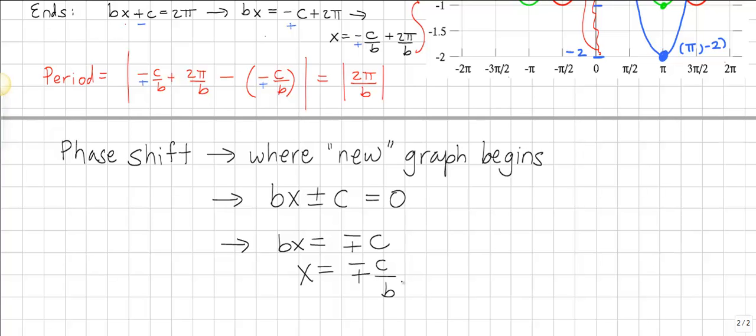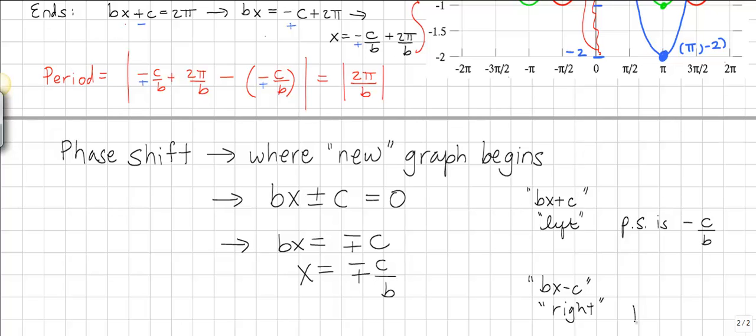Okay, so for example, if you are the bx plus c, you're thinking left because of the plus, so your phase shift is negative c over b. But if you're bx minus c, you're thinking right, so your phase shift is positive c over b.